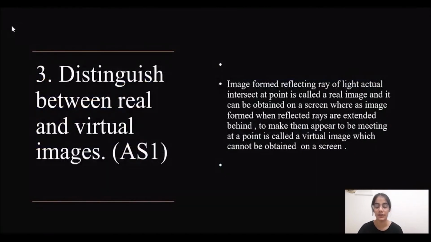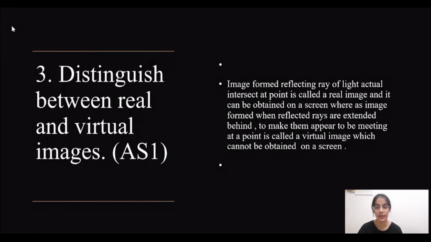3. Distinguish between real and virtual images. For this answer also, you can either use a tabular format to write what the differences between real and virtual images are, what mirrors form them, or you can just use a paragraph to describe the same. It depends on you, or how the question is put, or the number of marks that question carries. So, an image formed by reflecting rays of light after they actually intersect at a point is called a real image, while an image formed when reflected rays are produced behind and then intersect is a virtual image.